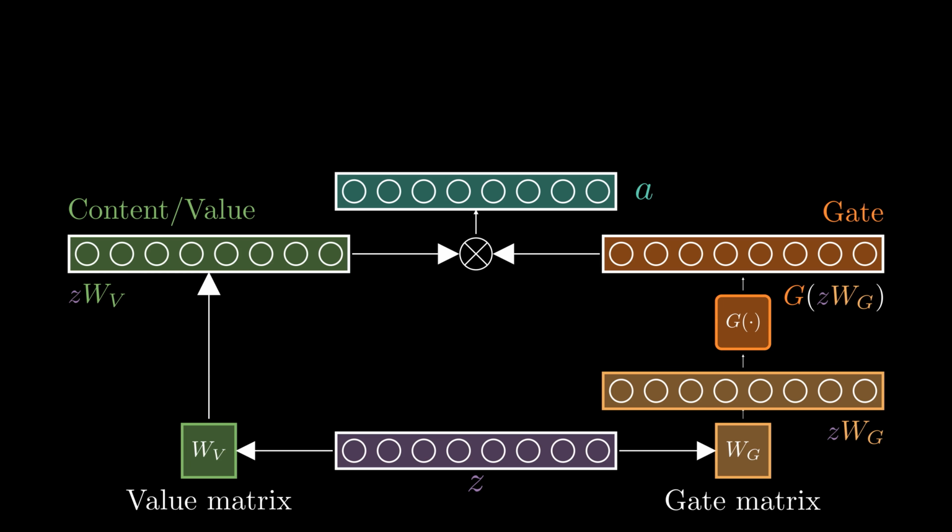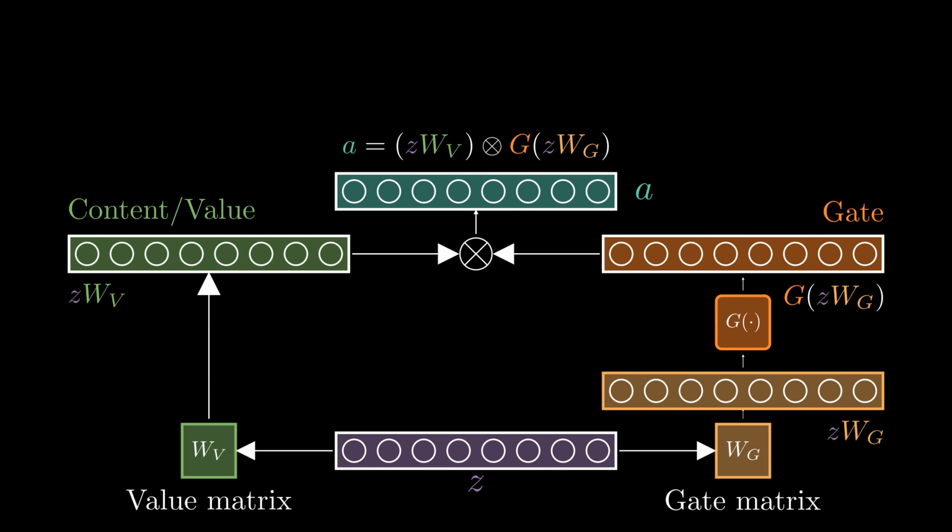This gives the model greater flexibility in controlling which features to pass or suppress, improving its expressiveness and learning capacity. The activation vector A equals the element-wise product of the content and gate vectors.